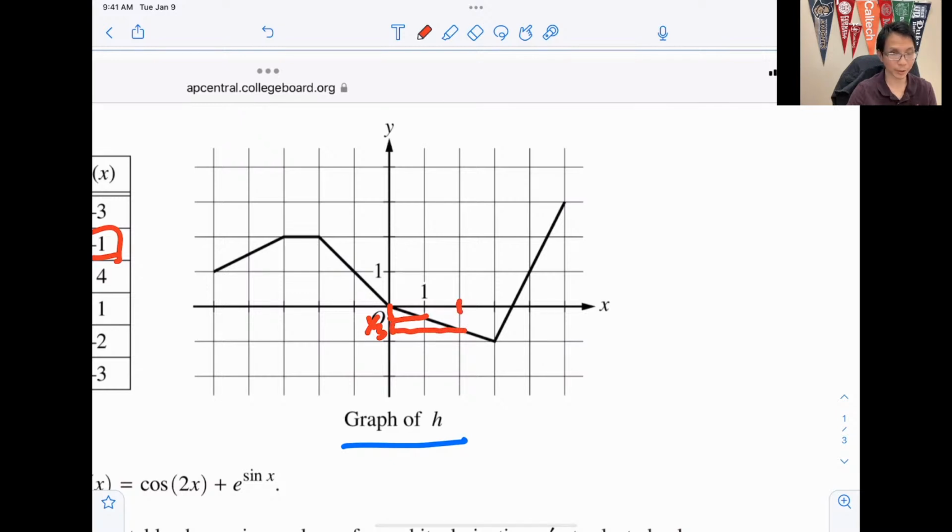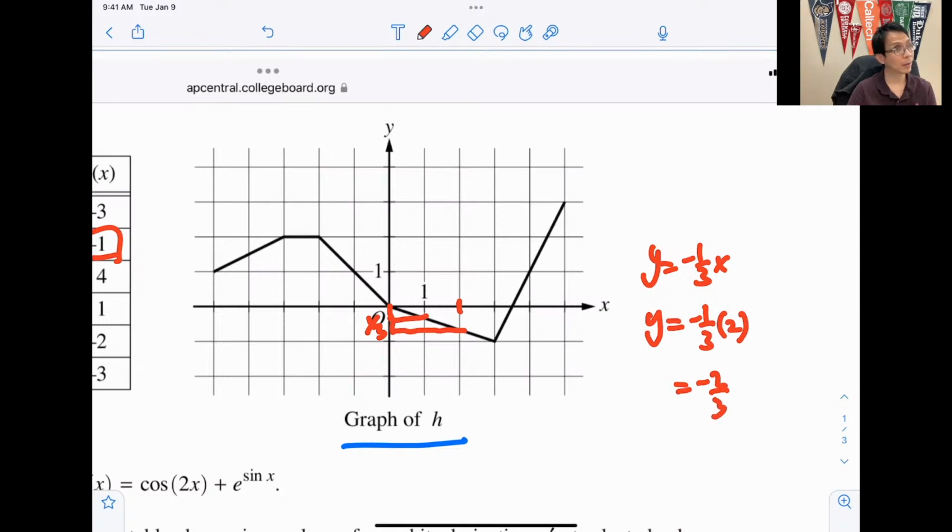So, because 2, it'll be 2/3. Or you can think about y is equal to -1/3 x. That is my equation of h between 0 and 3. And you just plug in 2. Does that make sense? Got it?